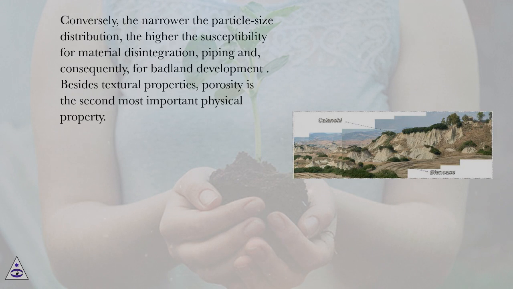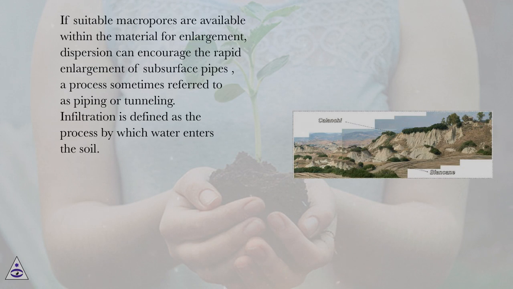Conversely, the narrower the particle size distribution, the higher the susceptibility for material disintegration, piping and, consequently, for badland development. Besides textural properties, porosity is the second most important physical property. If suitable macropores are available within the material for enlargement, dispersion can encourage the rapid enlargement of subsurface pipes, a process sometimes referred to as piping or tunneling.